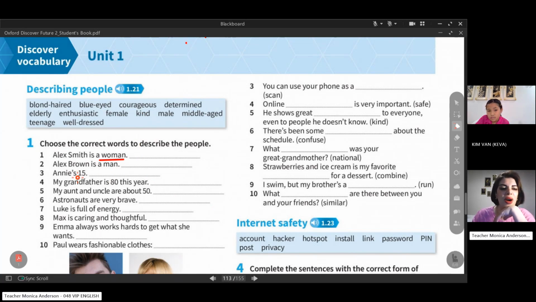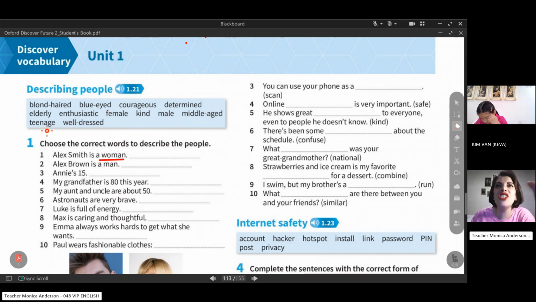Okay, the second one, Alex Brown is a man. Is a male. Excellent, very good. Anne is 15, means 15-year-old. Is it middle-aged? Oh no, I am middle-aged. 40, 50. 15 is too young to be middle-aged.